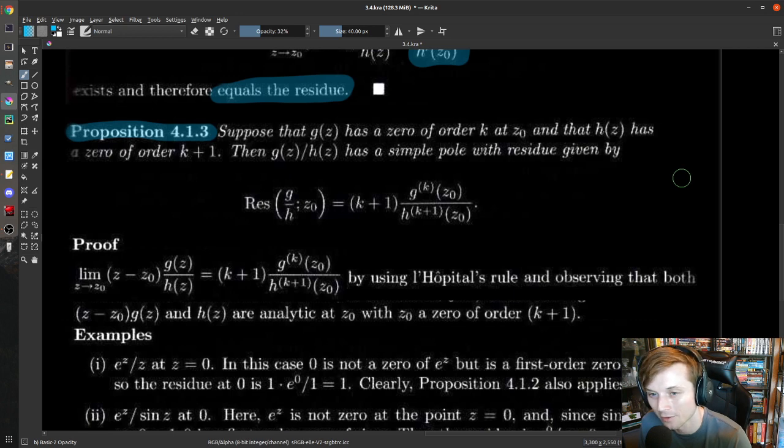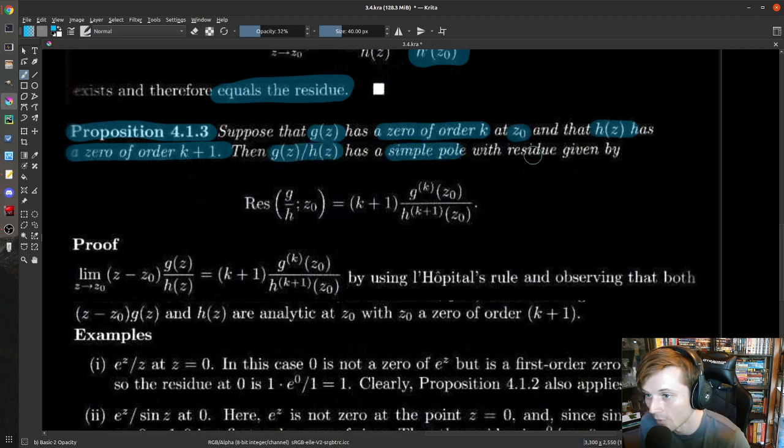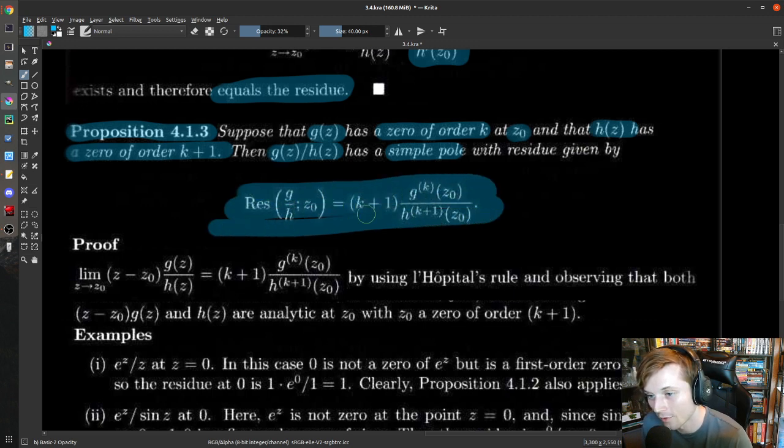It's got the shortest little proof. So here we're going to suppose that g of z has a 0 of order k at z naught, and that h of z has a 0 of order k plus 1. Then g of z divided by h of z has a simple pole with residue given by k plus 1 times the kth derivative of g at z naught divided by the k plus 1th derivative of h at z naught.